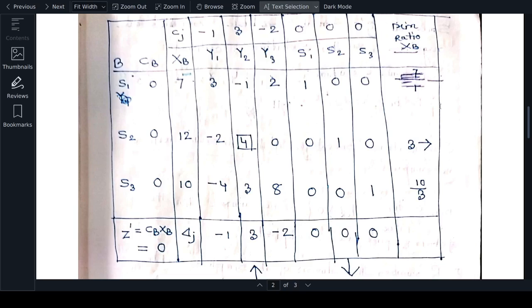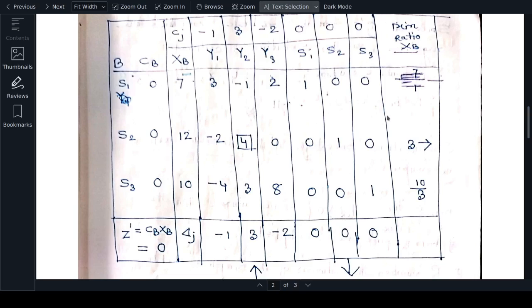Then we cannot solve the problem. So when a negative or infinite value occurs, we cannot get the solution. Suppose here the first value is negative, the second is again negative, the third is again negative, then you will say this does not give us any solution.